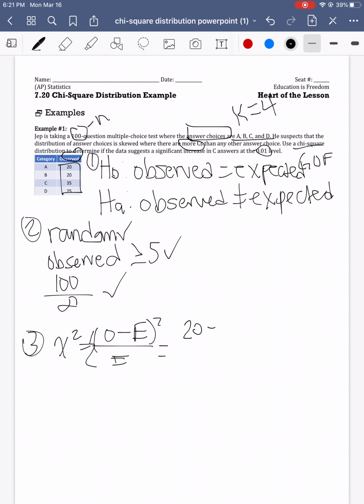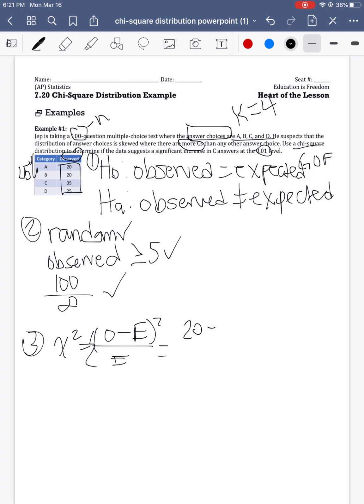We can see the expected isn't given to us, so we need to think of this logically. Our expected would be essentially the percent of times we would see each answer choice. So if we have 4 answer choices, we would expect that 25%, write that here, 25% of the time we're going to get each answer choice.